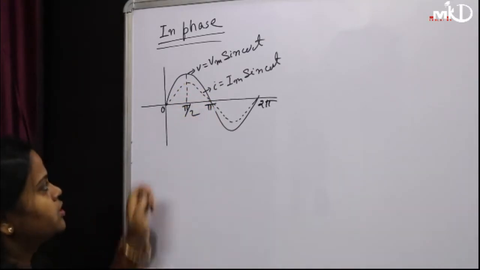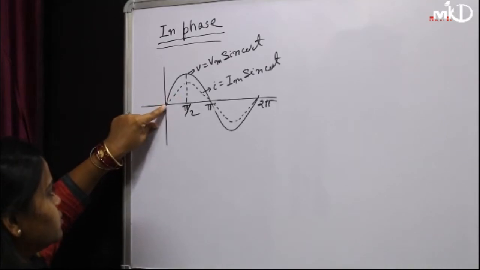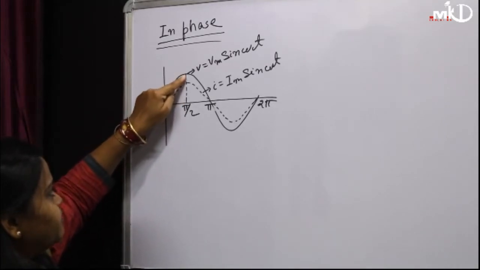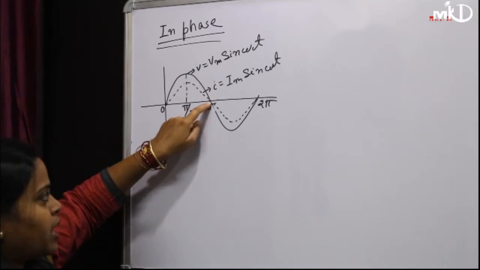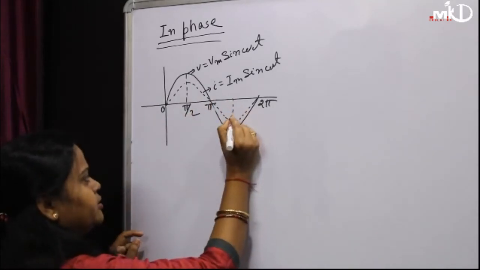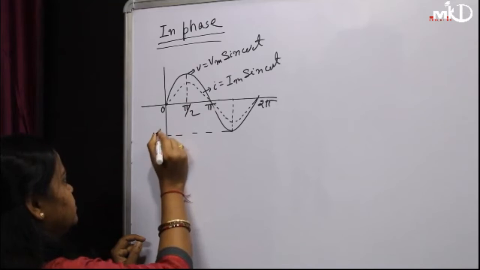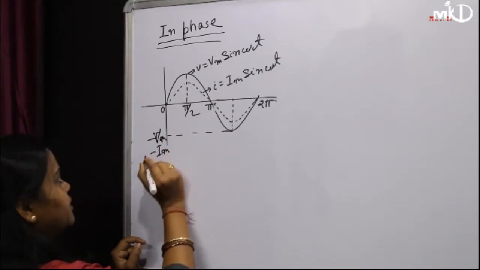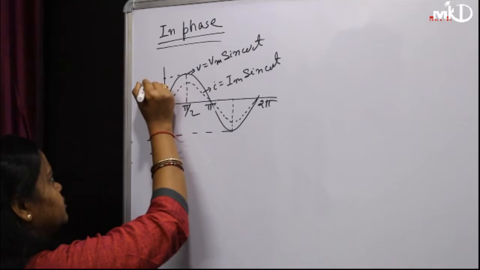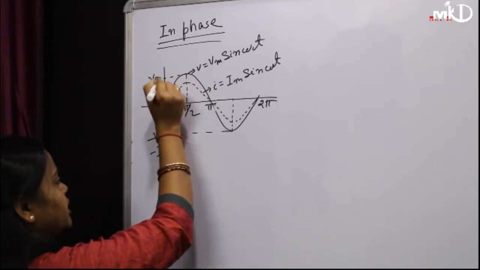Both waveforms start from 0, both reach their maximum at pi by 2, again 0 at pi, then negative maximum, minus Vm or minus Im, while this point is positive Vm and positive Im.